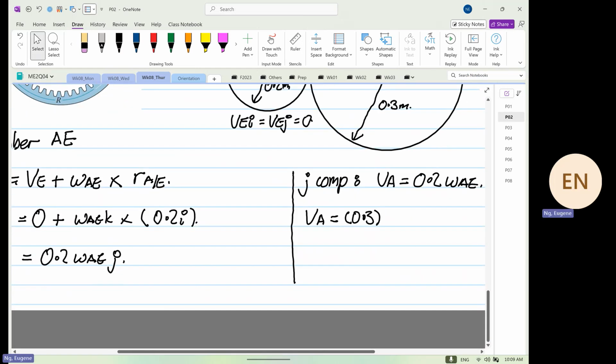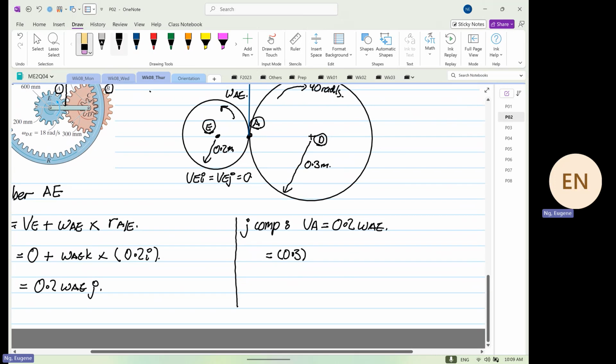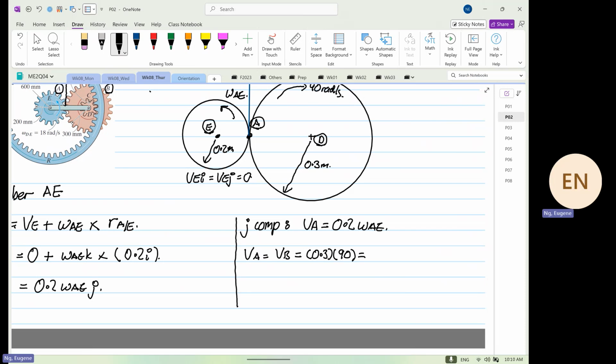We can directly calculate VB. So VA is equal to VB, and this is equal to 0.3 multiplied by 90. Is it 0.3 or 0.4?